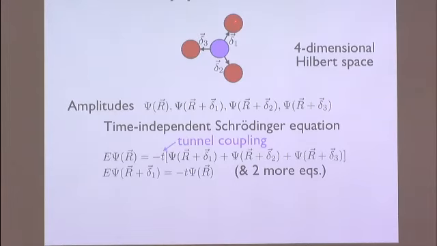So the tunnel coupling connects to all of the three other sites, and I will get a contribution from the amplitude psi of r plus delta 1, psi of r plus delta 2, psi of r plus delta 3. We will assume, as is the case, that all the tunnel amplitudes are the same. All directions are equally good. And there will be a value associated with the strength of tunneling, which has the dimension of an energy, which here conventionally we call T for tunneling.